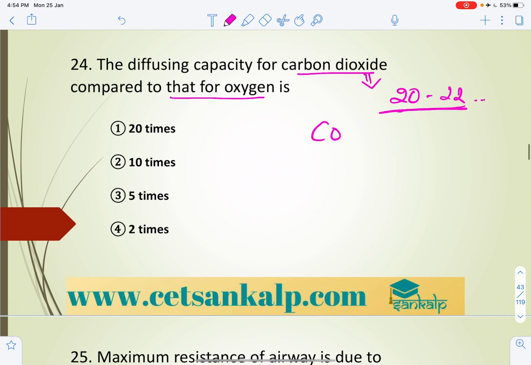I already mentioned carbon monoxide affinity is more than carbon dioxide, and carbon dioxide affinity is more than oxygen. So the answer for this is 20 times the diffusing capacity of carbon dioxide.